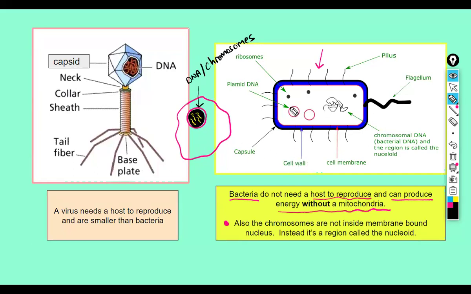And it also has some extra DNA that floats around in it other than the main DNA, and that's called plasmid DNA. By the way, where the main strand of DNA is located, you see this little region, they don't call it a nucleus. They call it a nucleoid. That's different from a nucleus.